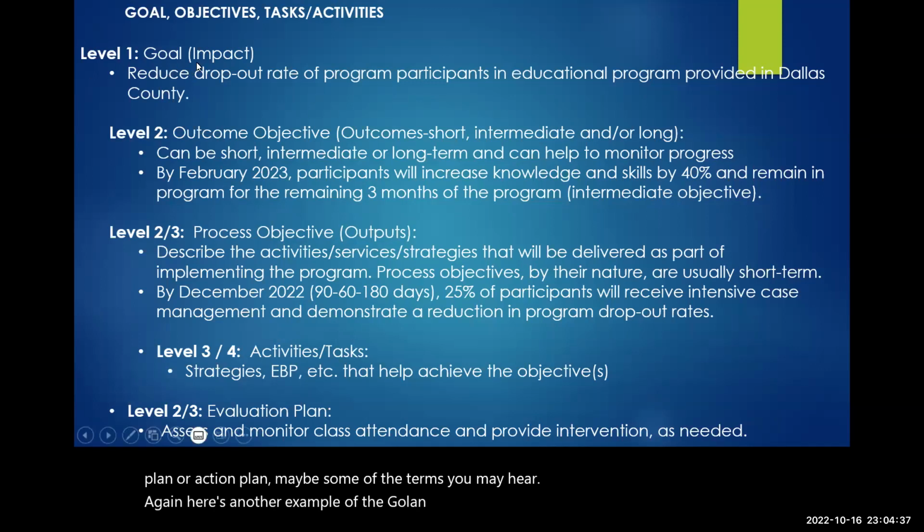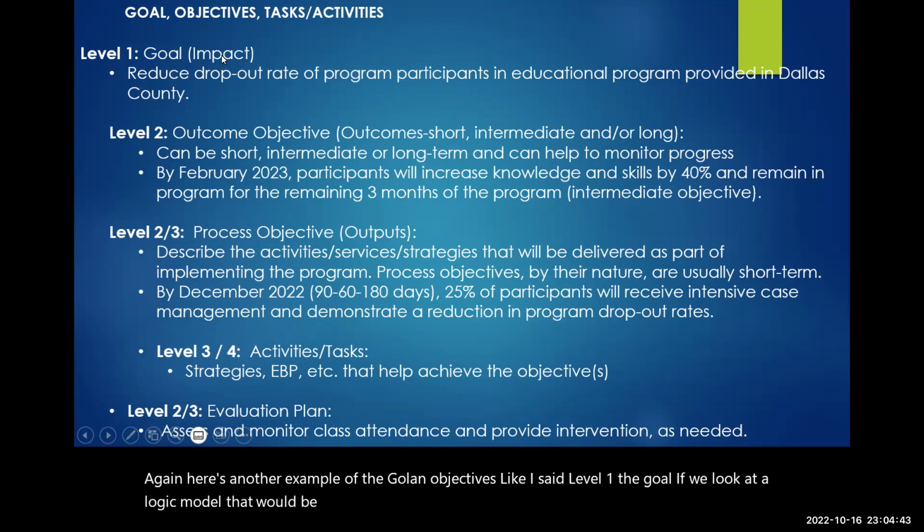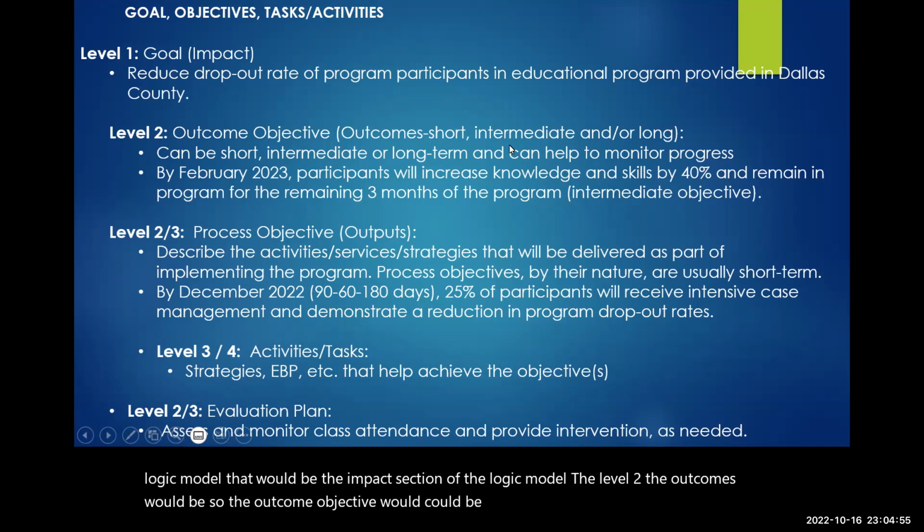Like I said, level 1, the goal, if we look at a logic model, would be the impact section of the logic model. Level 2, the outcome objectives, could be some of the short, intermediate, and or long-term outcomes on a logic model.